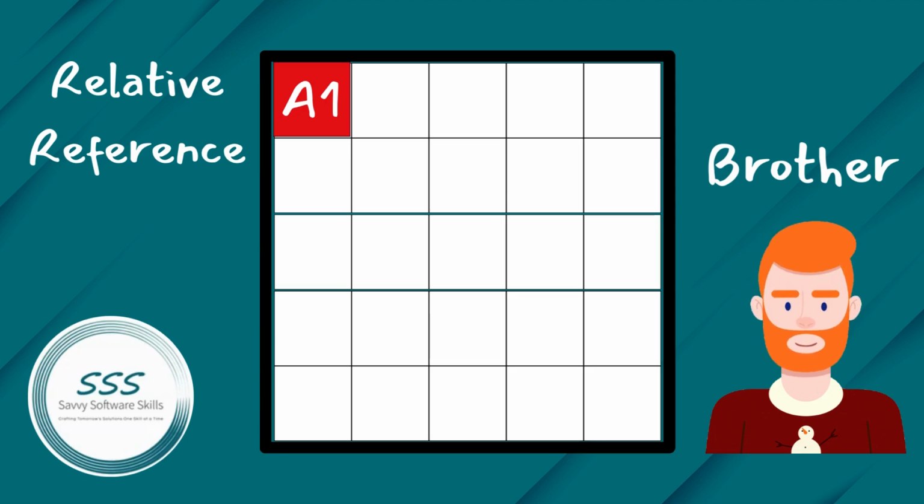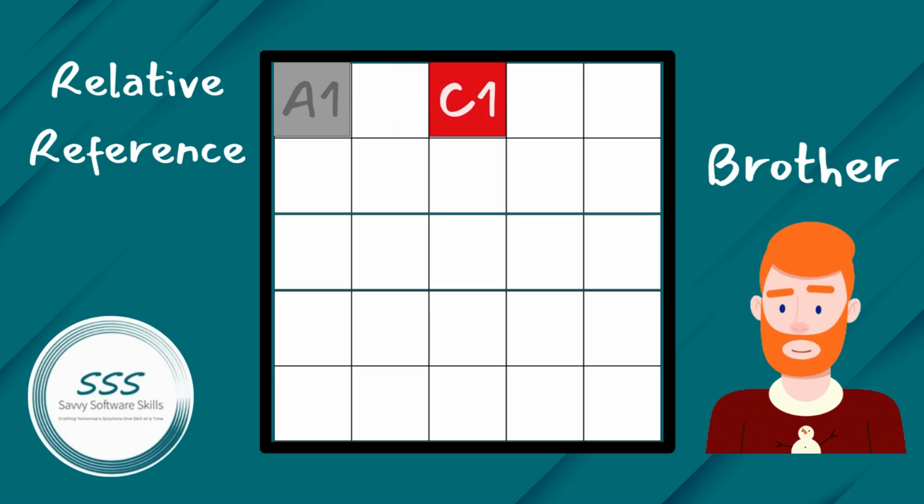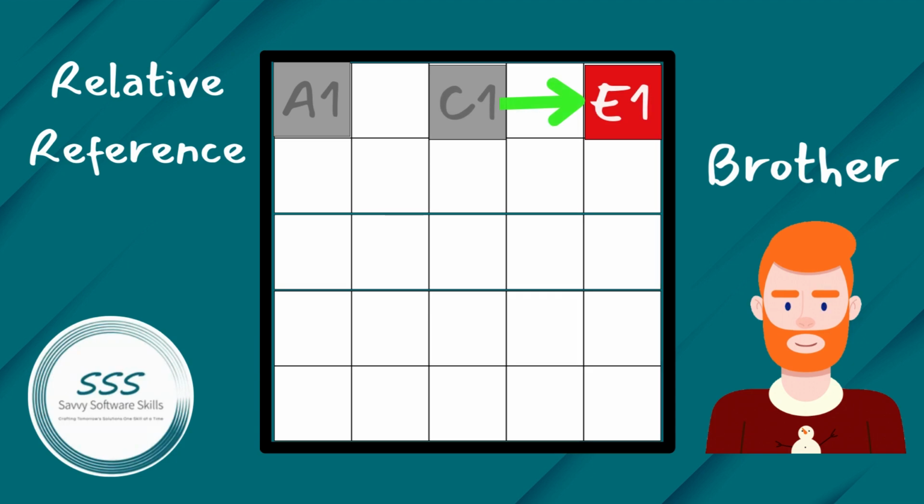Your brother currently lives at A1, but he tends to always move 2 houses over, relative to where he is now. His address will always change 2 cells over based on wherever his current house is. In spreadsheet terms, relative references adjust automatically when you copy formulas from one cell to another. It's relative to the original position.